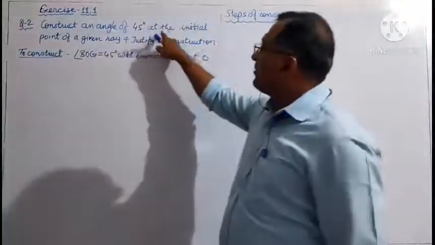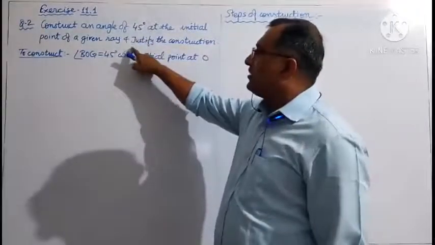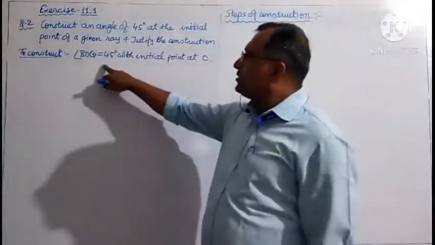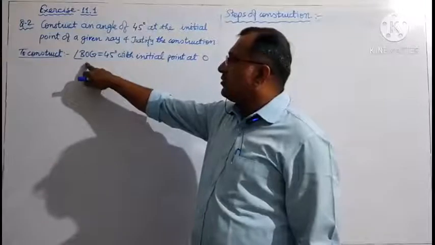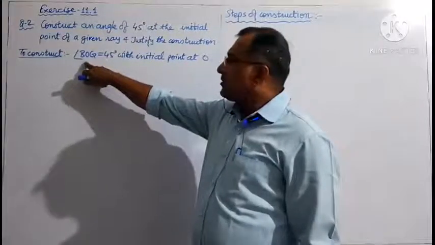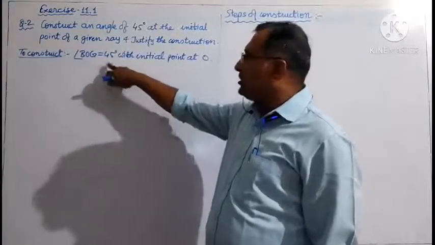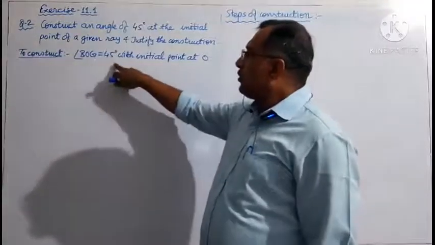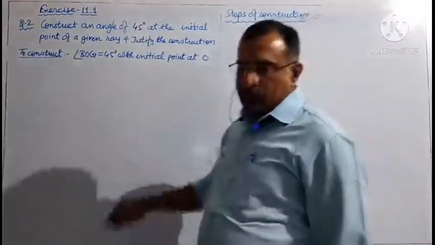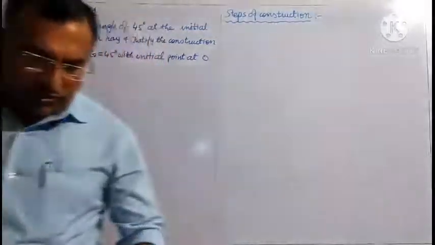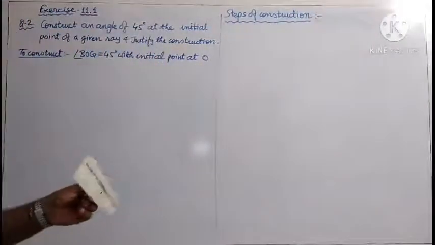Now in question 2, construct an angle of 45 degree at the initial point of the given ray and justify the construction. So here the ray OB is given, and we have to construct angle BOG at initial point O equal to 45 degree. So here with initial point O, first of all we have to draw the ray.